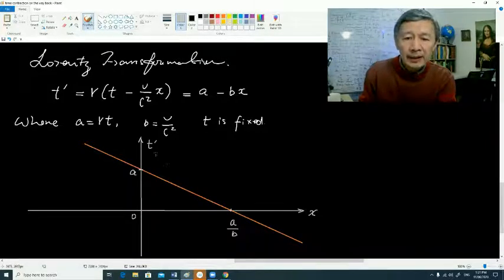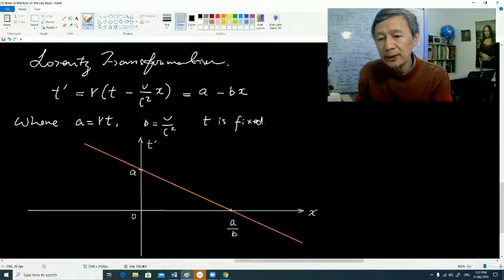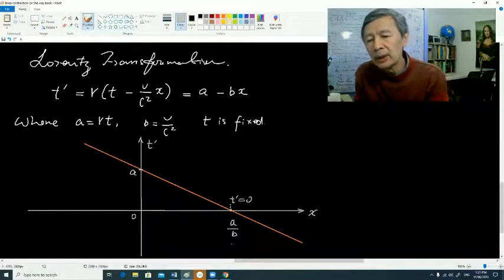Obviously, t prime will be positive as long as x is smaller than a over b. Here t prime will equal 0. On the other hand, if x is large enough, then t prime will always be a negative number.